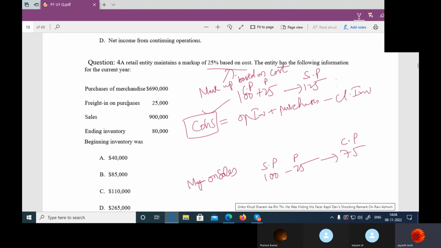Simply, your sales is 9 lakhs minus your purchase of merchandise inventory 6,90,000. So will you take 6,90,000 or do some adjustment to this? You'll add the freight charges also. It's freight on purchases, correct?